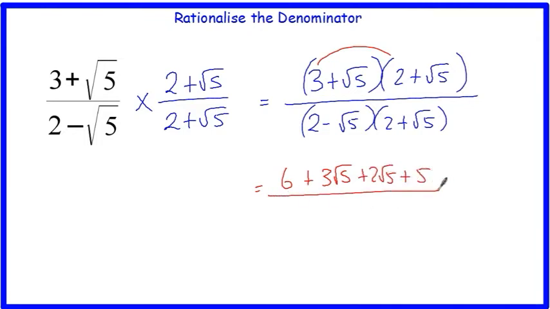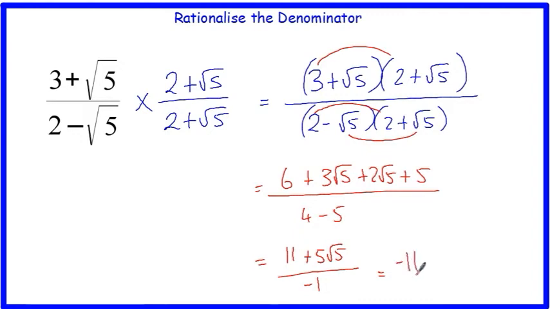Now I'm going to just do this and go, that one's going to give me 4, and that one's going to give me minus 5. So I'm going to have 11 plus 5 root 5 all over minus 1, which I suppose anything divided by 1 is itself. So I just attach a minus to these. It's going to be minus 11 minus 5 root 5.